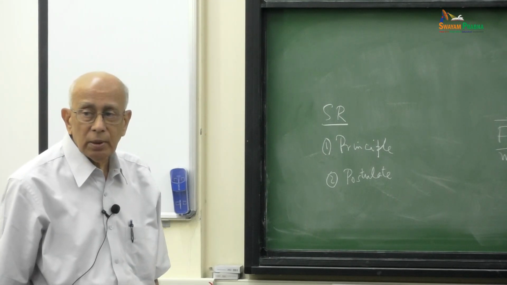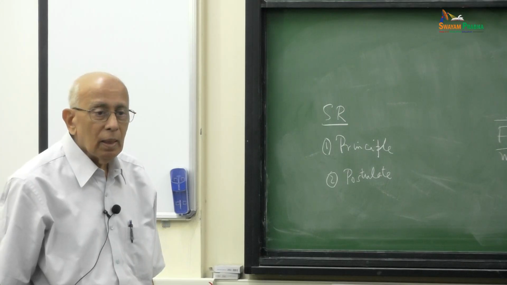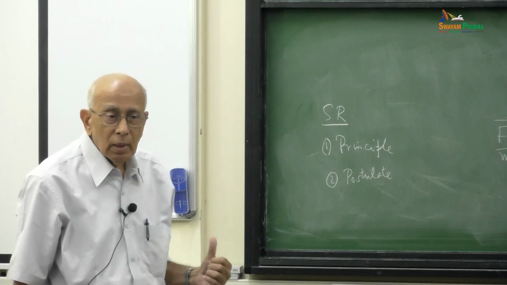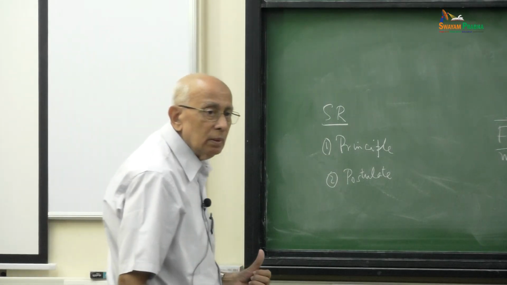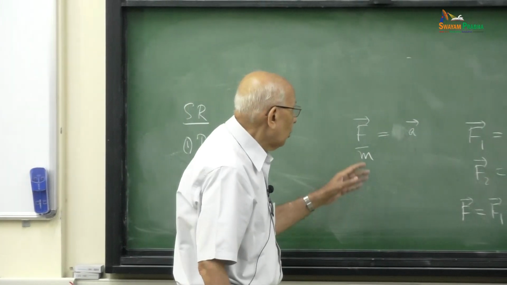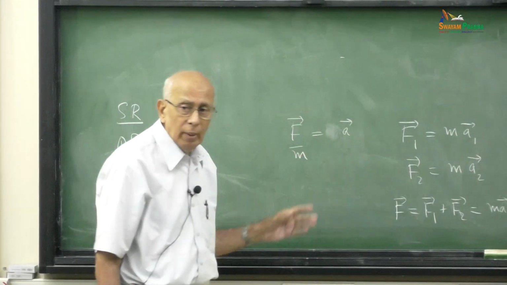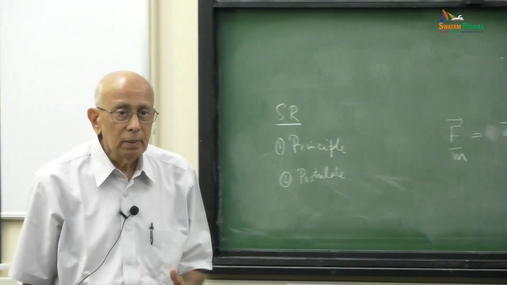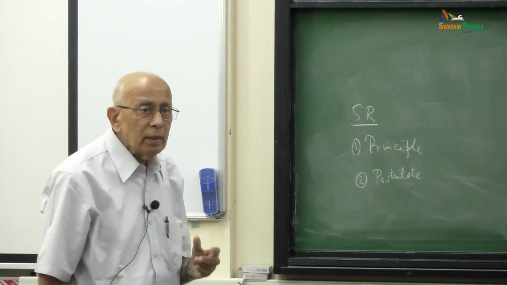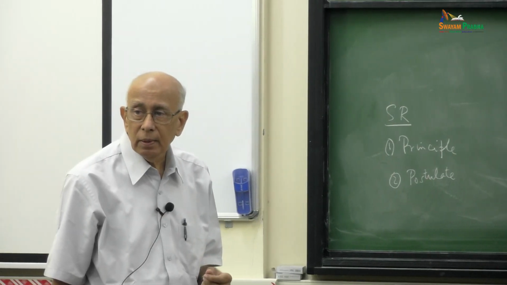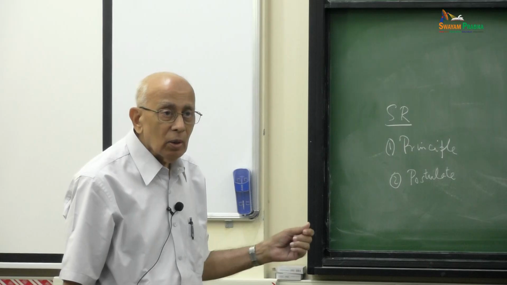Would that still be possible? Linear. It's a linear equation. It makes superposition possible. Otherwise, the whole thing is gone. Suppose the acceleration depended on the square of the force, then you're finished. The linearity is what is responsible for the superposition being valid. So it's telling me that. It's telling me a lot of other things too.